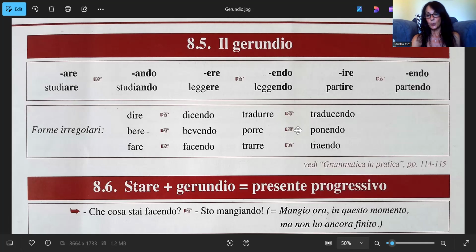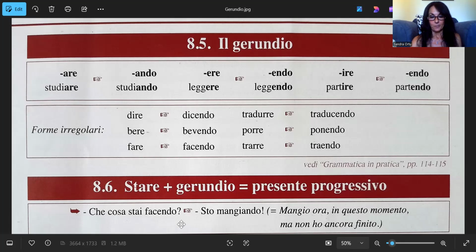So porre becomes ponendo, and then trarre, which is to draw conclusions, for example, which is traendo. These three verbs, you're not going to see them very often, or you will see them later on when your vocabulary is a little bit wider. So do concentrate on dire, fare and bere as well, which is quite important. Dire is to say, bere to drink, fare to do, to make, as I'm sure you all know already by now. And here we have an example.